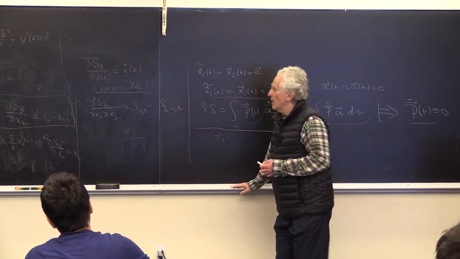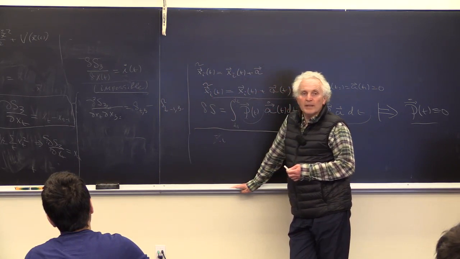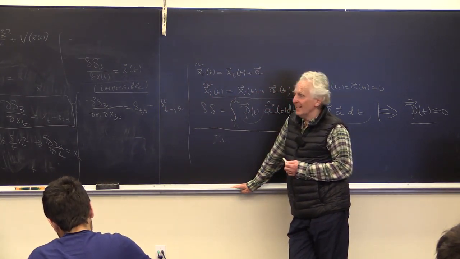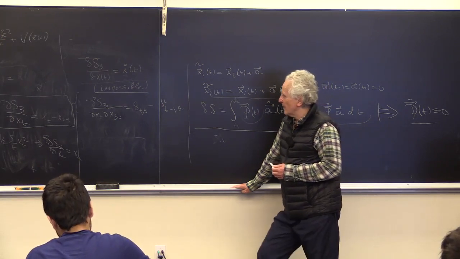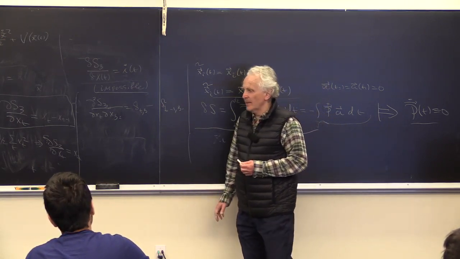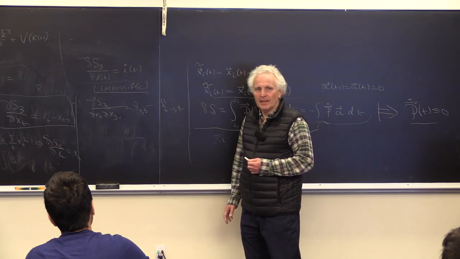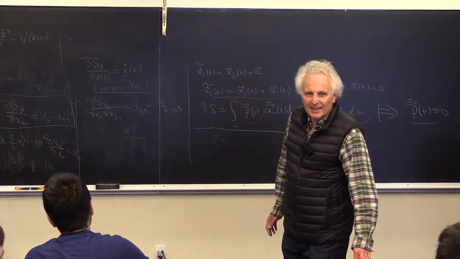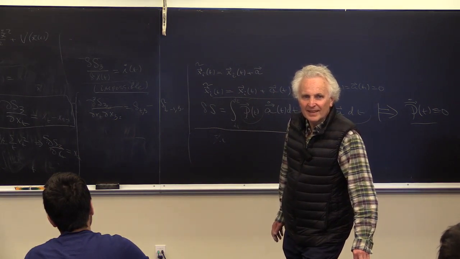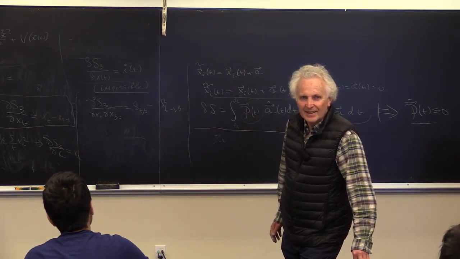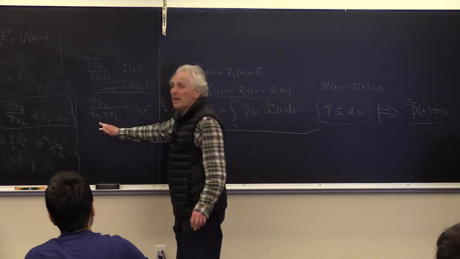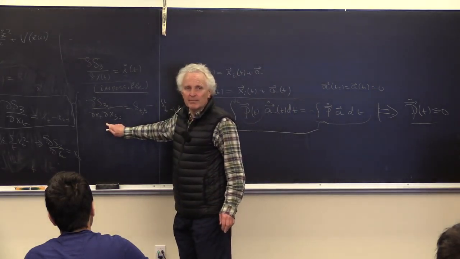Now, why is it impossible? Because swapping them gives a different result. If we swap the partial with respect to x of t and with respect to x of s, we get a different answer. The point is the left-hand side is symmetric under interchange of t and s.